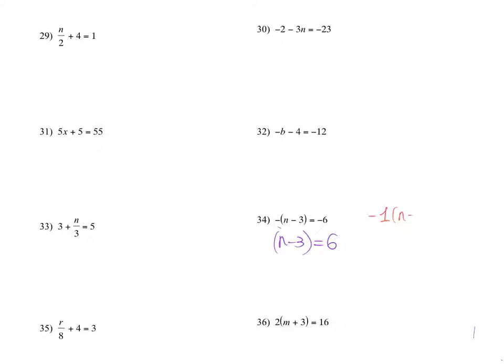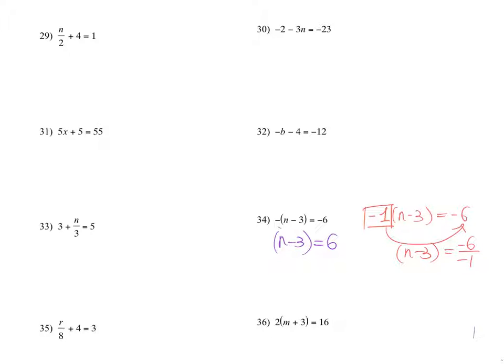1 times m minus 3. I'm just rewriting the problem, right? So we already know how to get rid of that invisible negative 1 by moving it over to the other side. So then my left-hand side is still negative 3. On this side, I have negative 6 divided by negative 1. That goes from the denominator into the numerator.